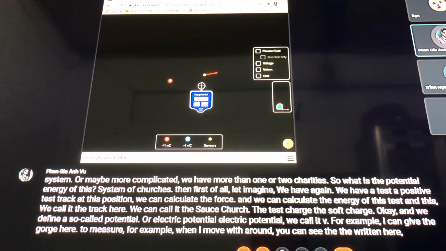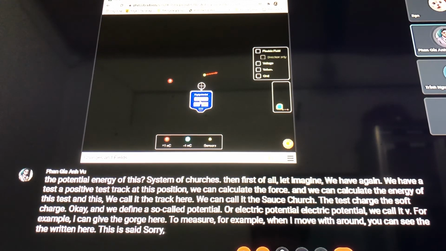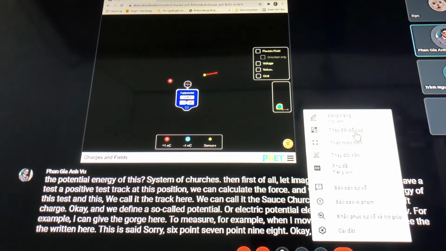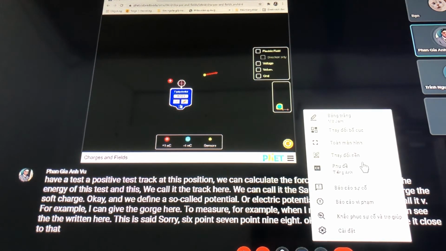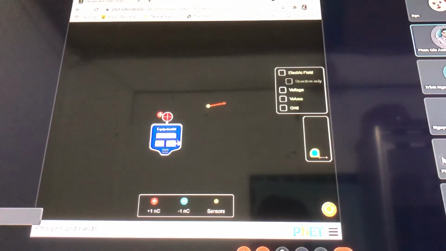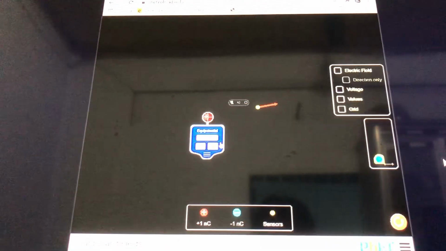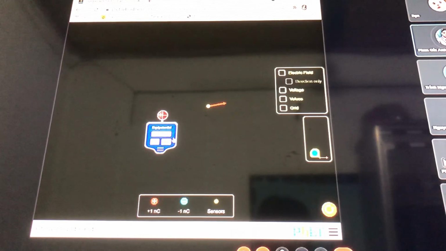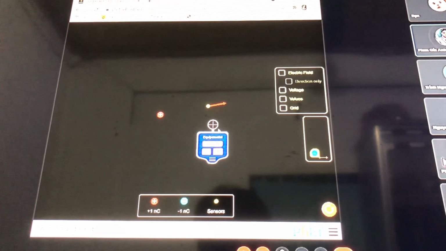This is 0.980 volt. When I move it close to that, I have 29.13. When I move closer, I get a very high value. And the unit here is volt. So what is volt?